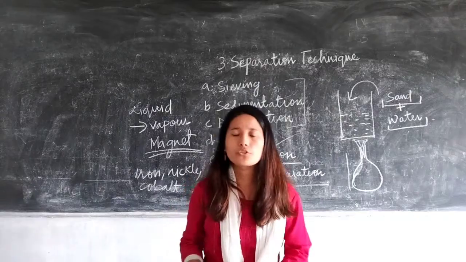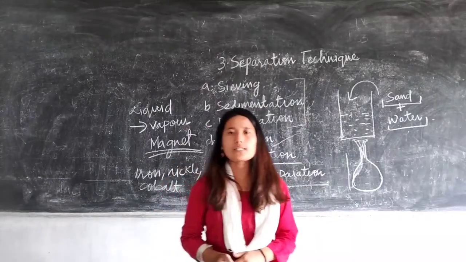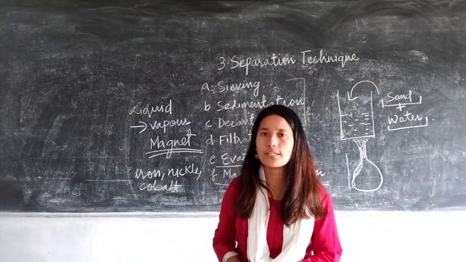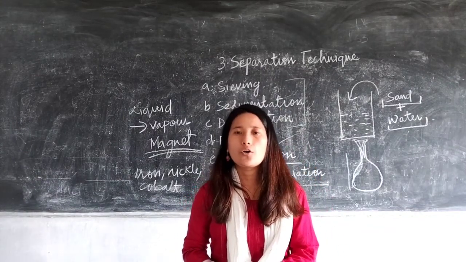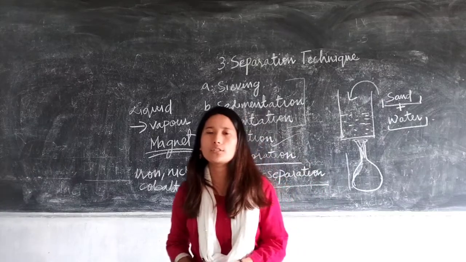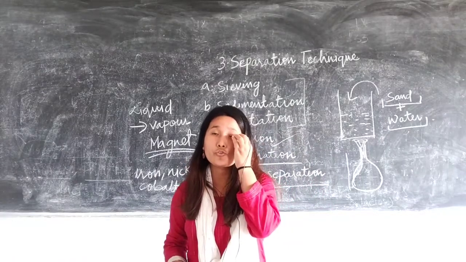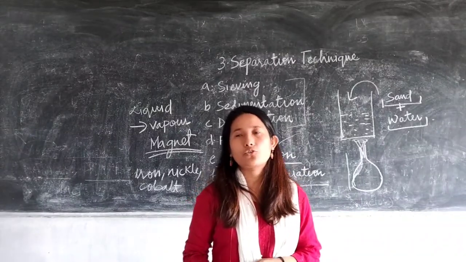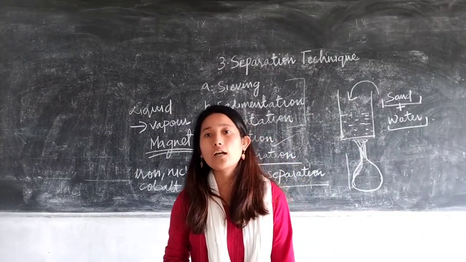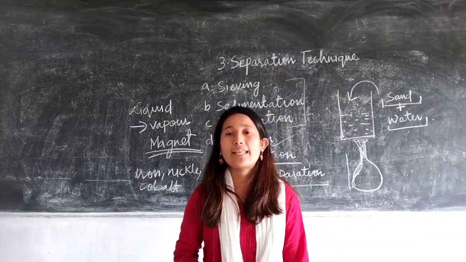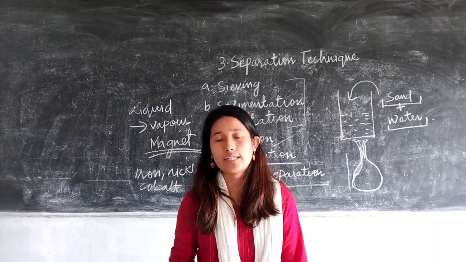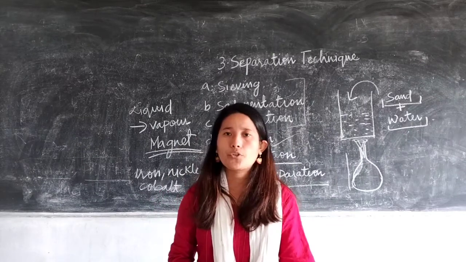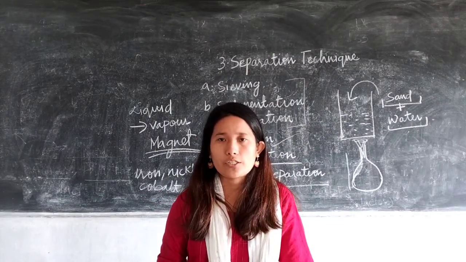So that's all about this chapter, that is, separation techniques. We discussed 6 separation techniques. Basically you just go through the definitions and you should be able to at least cite one experiment related to a particular separation technique, or the area where it is useful. Next I will be following it up with the question and answer from this chapter.